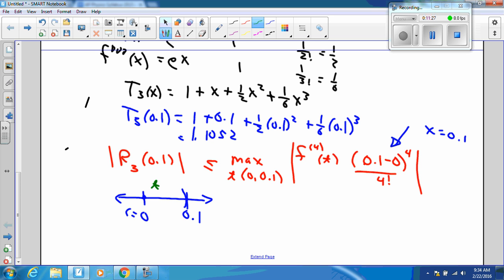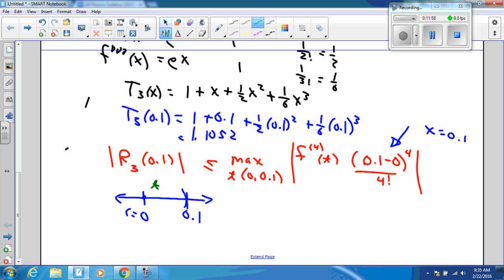So the actual remainder at 0.1 is equal to f4 of t times the constant factor for some t somewhere in here. Unfortunately, I don't know which t. And so I take the worst possible case, which is the maximum, and I say that the error can be no worse than that. Is that logical?